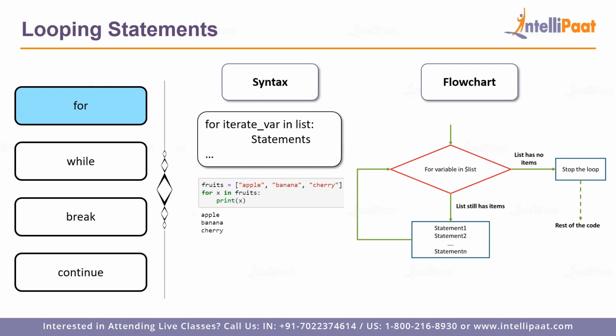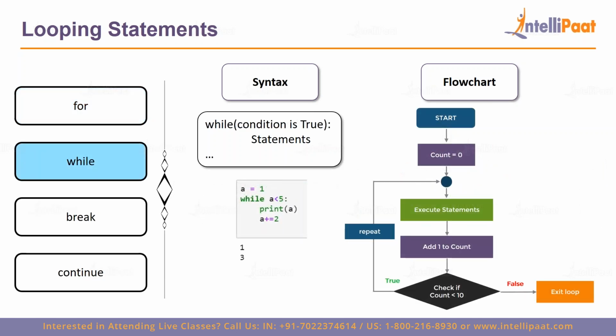We take a look at the variable and we check is there a variable in the list, and if there are no variables remaining to perform the task on, then we perform the rest of the code. Else we perform the statements, we move on, and we keep doing that over and over and over again. This is where the looping statement comes into play. So we'll have an example of this when we're performing the hands-on. So don't worry if you don't understand it as of now. Then comes the while statement.